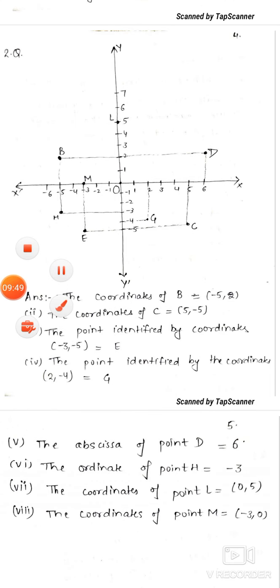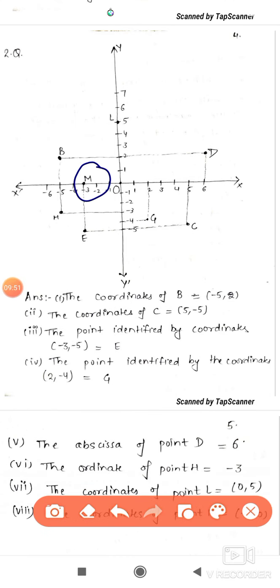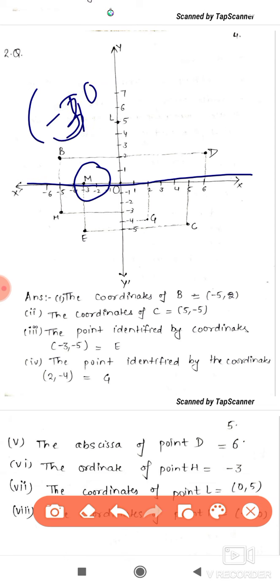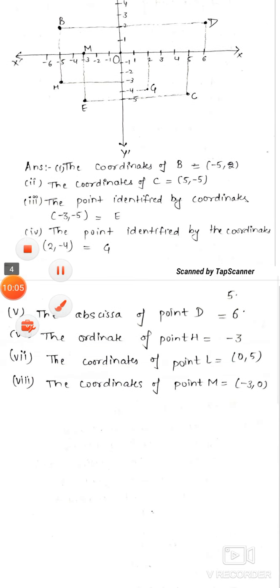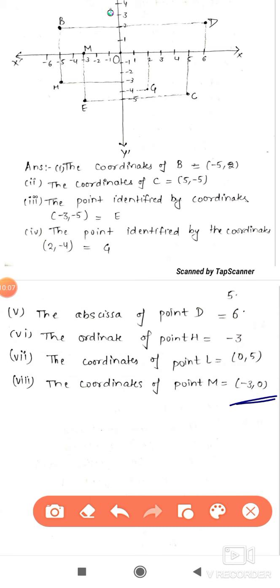This is point M. It is lying on the x-axis only, and as it is lying on the x-axis, the y value is 0 and the x value is -3. So its value is (-3, 0). See here. I hope you all have understood this.